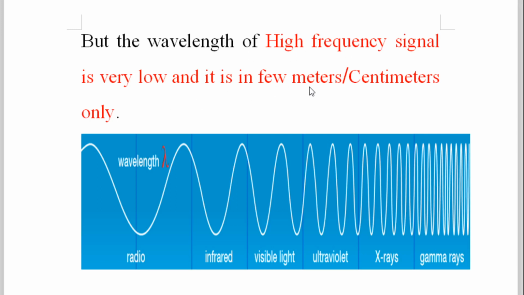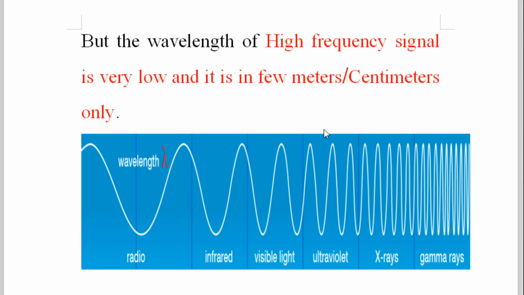wavelength very low, but our information signal is always a low frequency signal, which we cannot change. For example, the voice frequency of a human being will never be greater than 3000 hertz, that is 3 kilohertz, that is the maximum limit. So in this way, one logic is used. What is the logic?